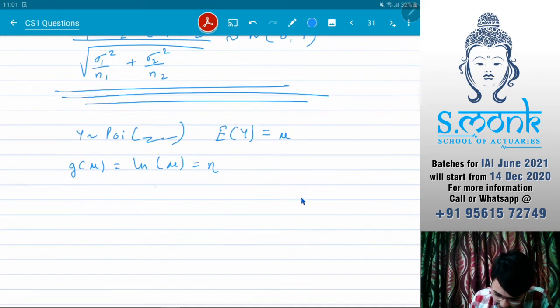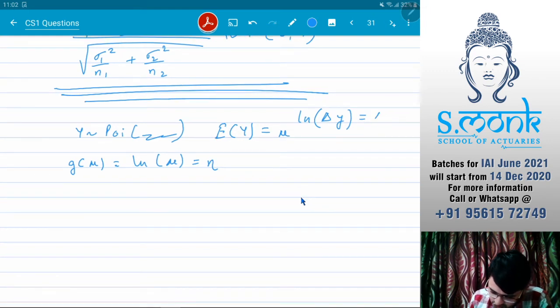So I would say the log of my change in y must be equal to the change in my eta if I am talking about a particular change. If I am comparing, let's say, gender, and I change the gender and keep everything else constant, then the change in eta will only be due to the change in gender.